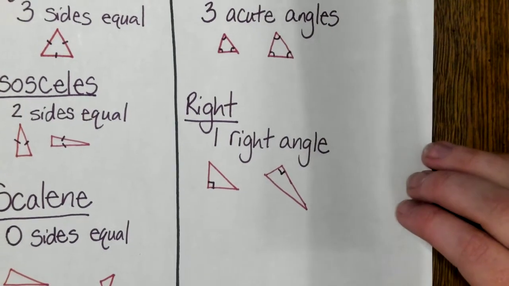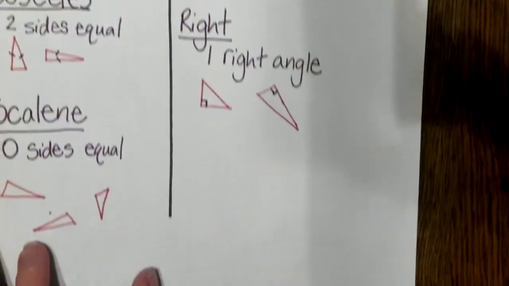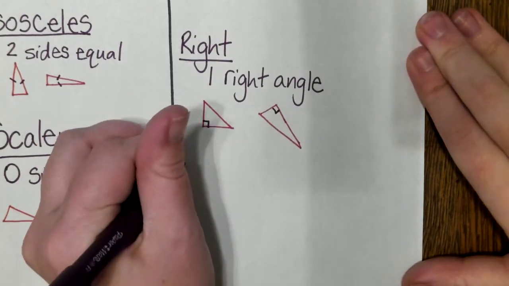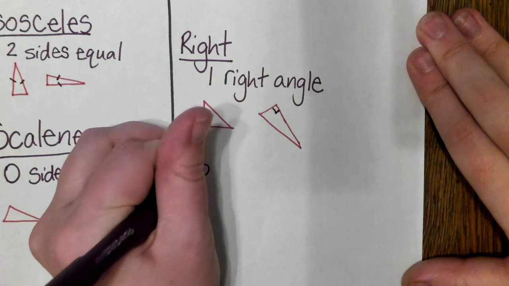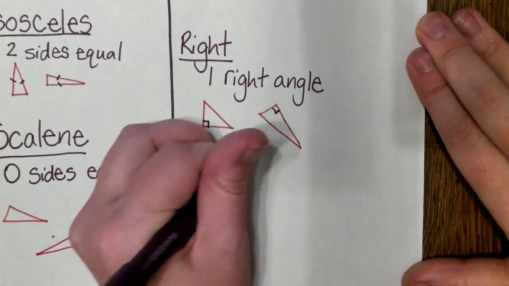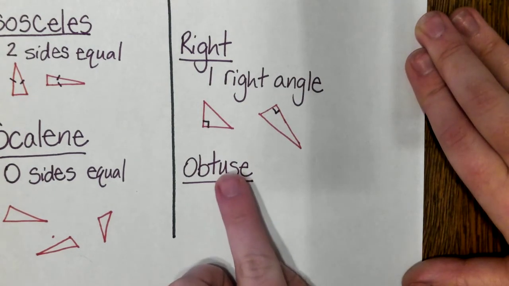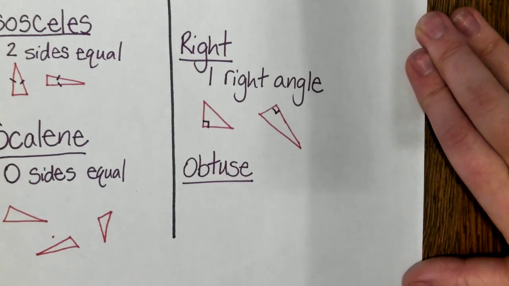The third way to classify a triangle based on its angles is an obtuse triangle. An obtuse triangle has 1 obtuse angle.